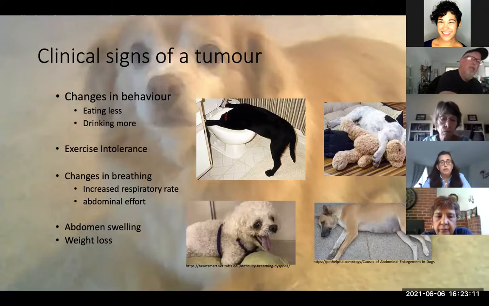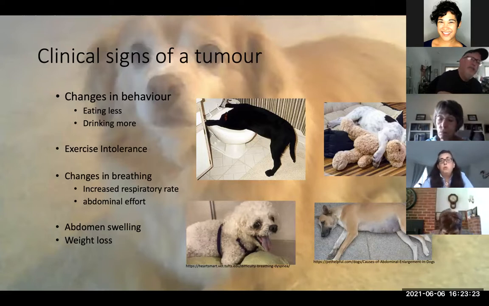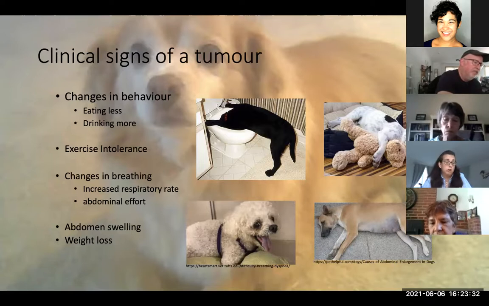Finally, a couple of other things are if you see a swollen belly, or a significant or even slow weight loss. When we have a tumor, we can develop something called cancer cachexia. The pets are eating the same amount of food, but their tumor is growing and requiring more energy.